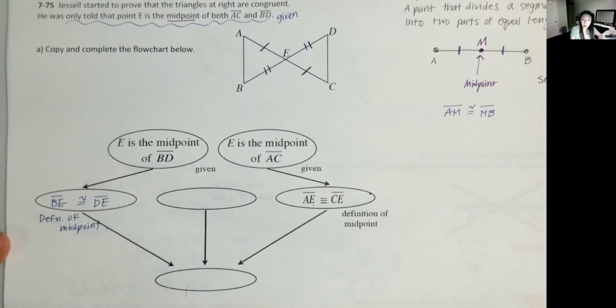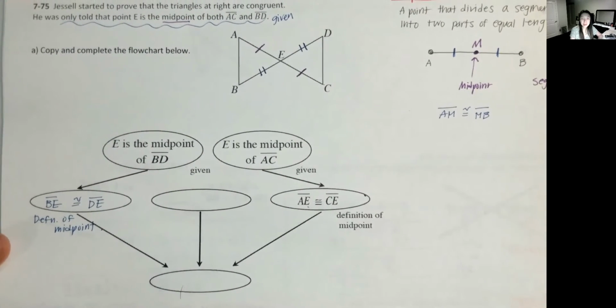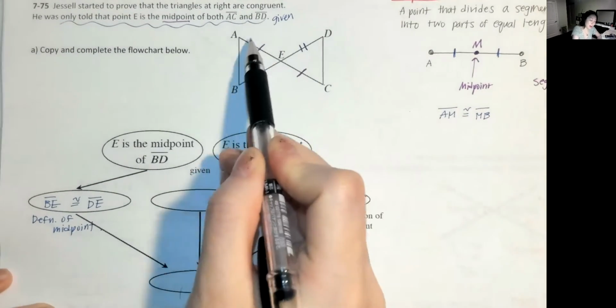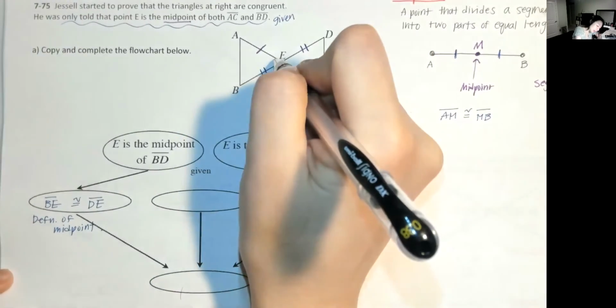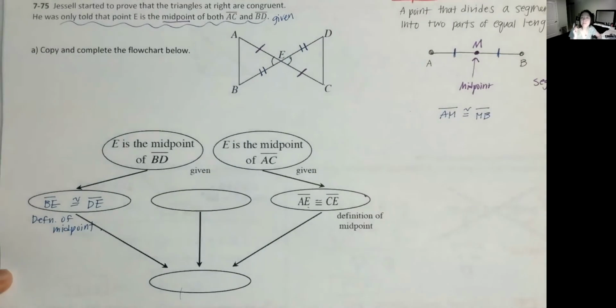Now there's another part about this triangle that allows us to come up with another fact. I think some of you might have figured it out already. Do you guys see a pair of scissors? I do. I got this line and this line crossing together. Therefore, this angle right here and this angle, those are vertical angles.